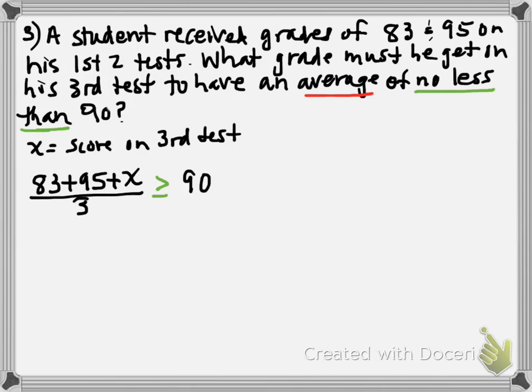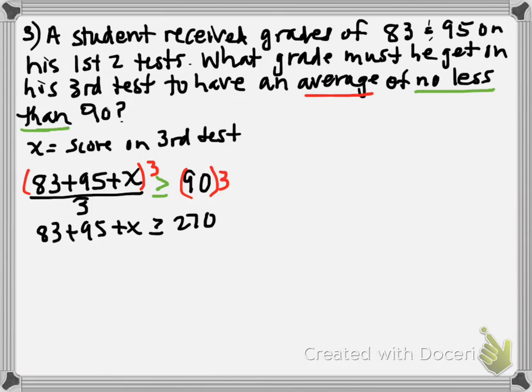Okay, now probably the best way to start this problem is to multiply both sides by 3 to get rid of the denominator. And we get 83 plus 95 plus x is greater than or equal to 270.